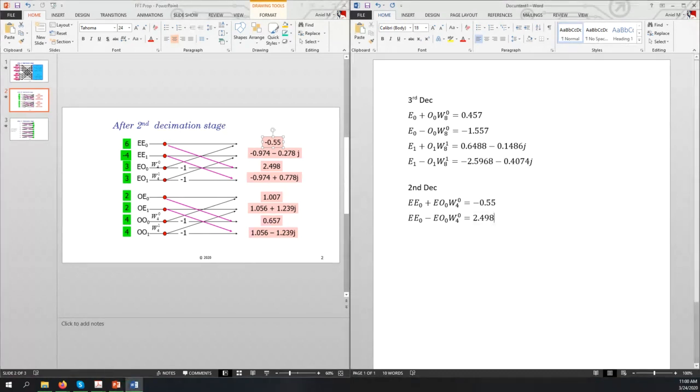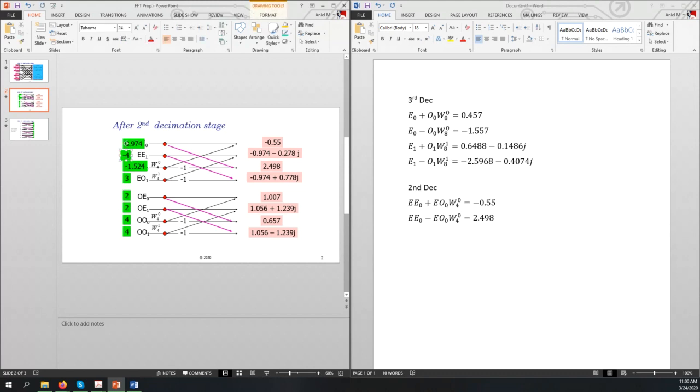So in solving for this, what you end up finding out, as we keep on repeating, is that EE naught here can end up being 0.974, and then EO naught here is going to be negative 1.524.